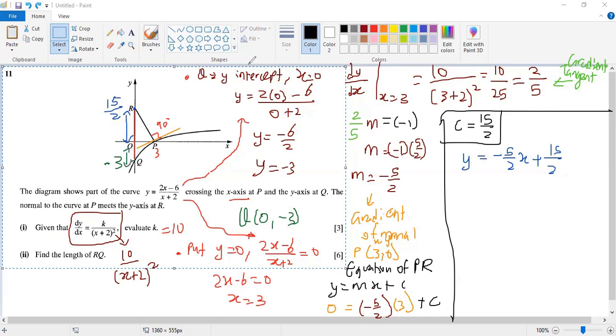So we can easily deduce the final part: the length of RQ equals OR plus OQ. OR is 15 over 2. What is OQ? Below the x-axis we're taking distance, so we ignore the negative sign: 3. From which we can deduce the final answer to be 10.5 units. Thank you.